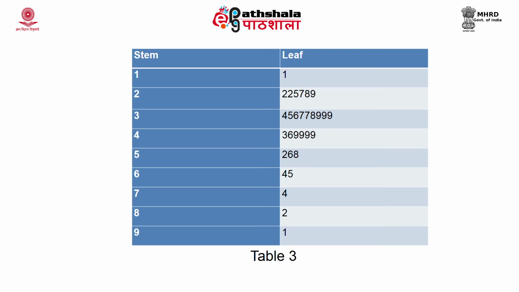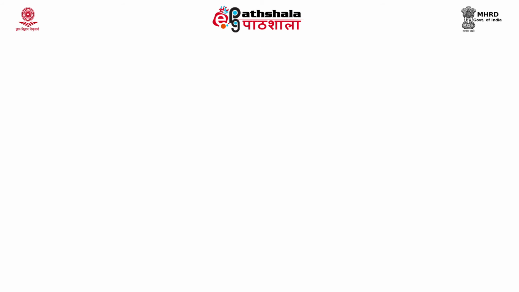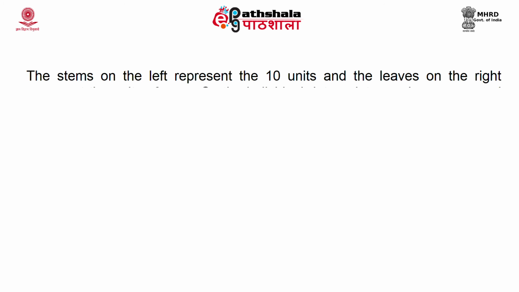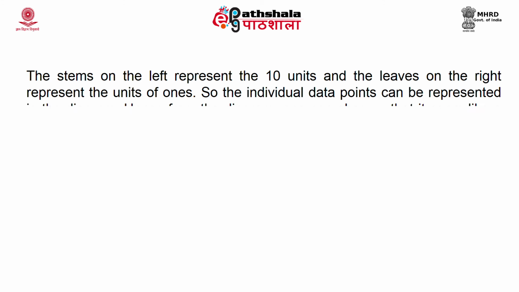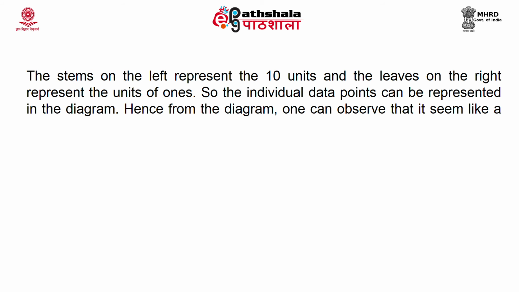Similarly other values can be put here, and the shape of the plot, if we rotate the table to the left side, is similar to a histogram. The stem on the left represents the tens unit and the leaf on the right represents the unit of ones. So the individual data points can be represented in the graph.